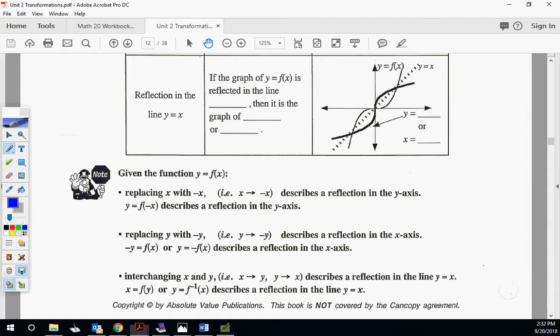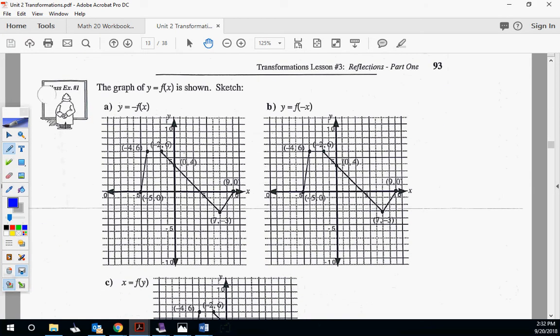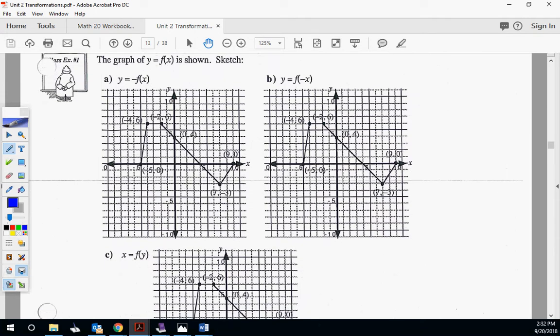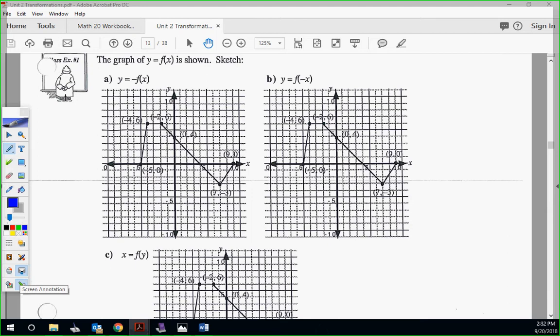All right, a couple examples here. The graph of f of x is shown. Sketch negative f of x. So negative f of x, you know it's going to reflect over what? The x-axis, right? So if I know that's going to happen, that means that these are invariant points because they're on the x-axis, and everything else is going to flip. That's at 6, it's now going to be a negative 6.